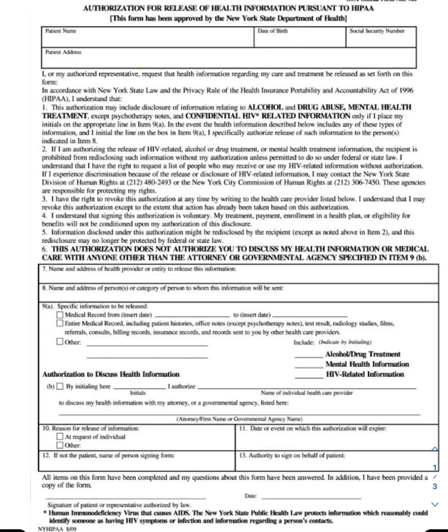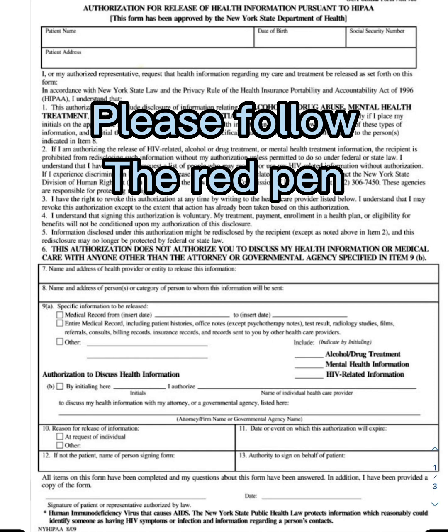To keep this video brief, I want to just walk you through the required information from this authorization form. Everything that is encased, beginning with your name, date of birth, patient's address, section 7, 8, 9, 10, 11, 12, 13.